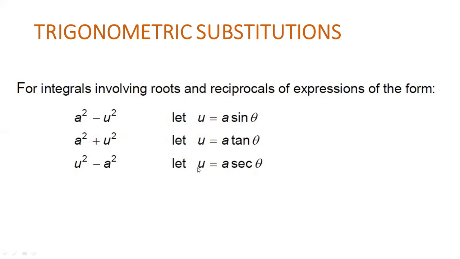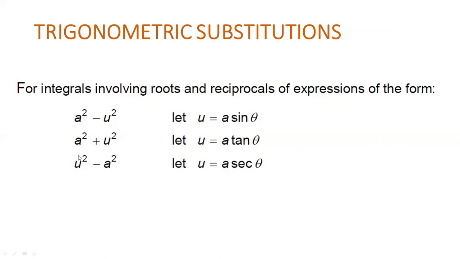you are allowed to use trigonometric substitution. And this is the corresponding trigonometric substitution equation. If you see a constant minus a function that is being squared, then that function being squared is equated to the square root of the constant times the sine of theta.